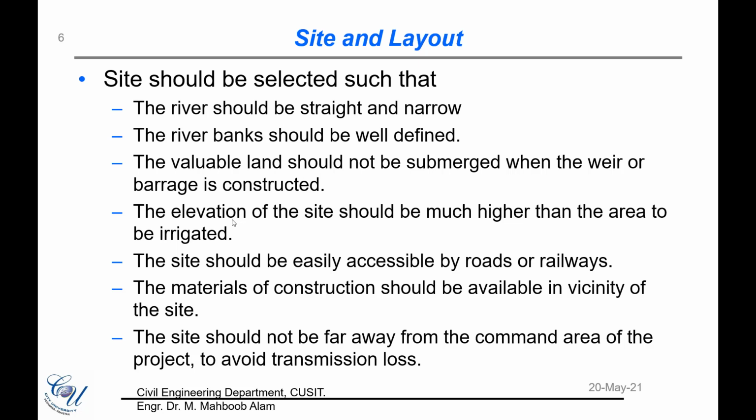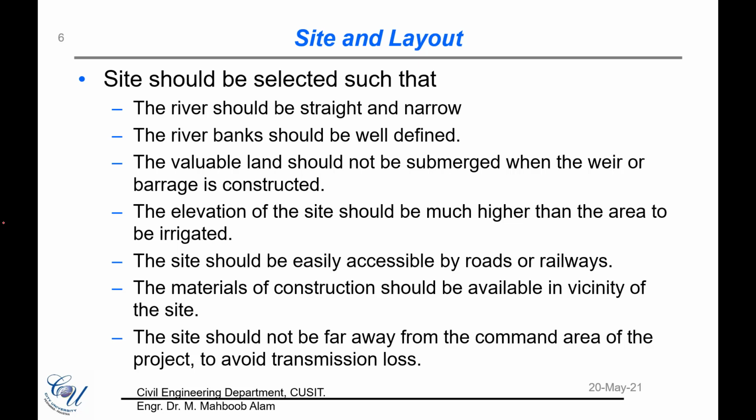The river banks should be well defined, and this is important because we do not want the water to enter into the adjoining areas. So we have that particular defined level, and we know that the water would be within these boundaries.